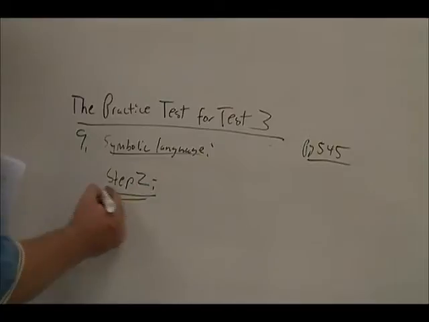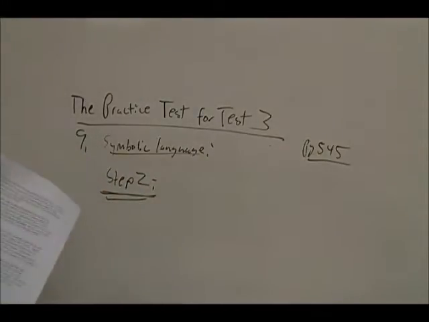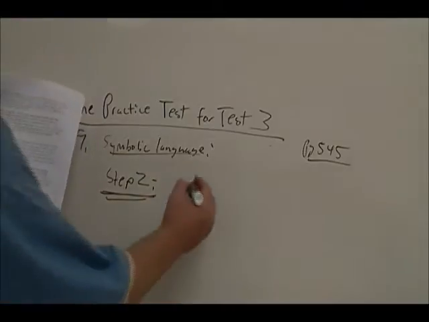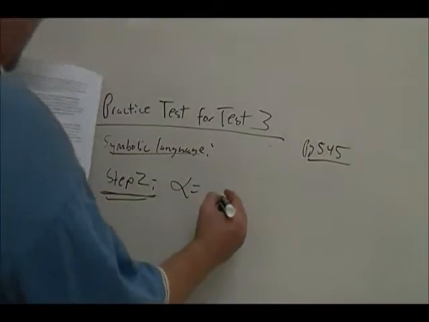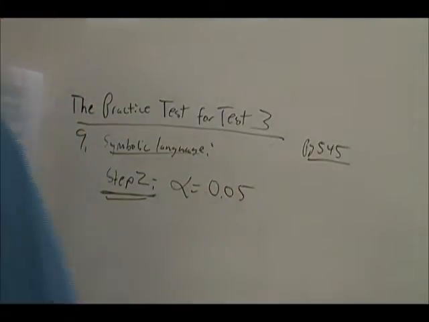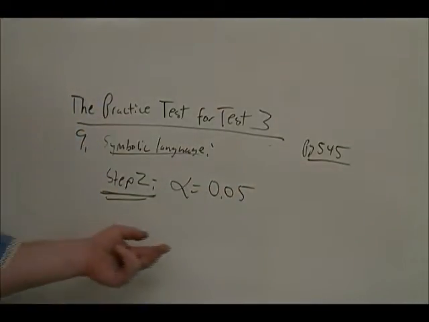So you don't have to determine the significance level in step 2. That significance level is part of the given information. It's always given in the problem, and in this case, the significance level that's given in this problem is 0.05. That's the same as saying confidence level is 95% for this test.